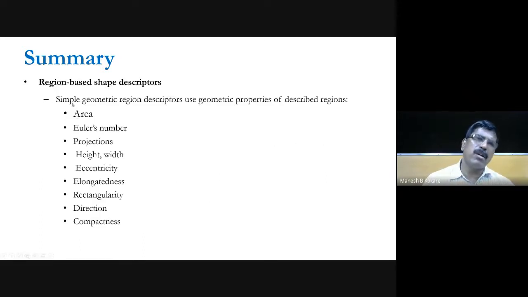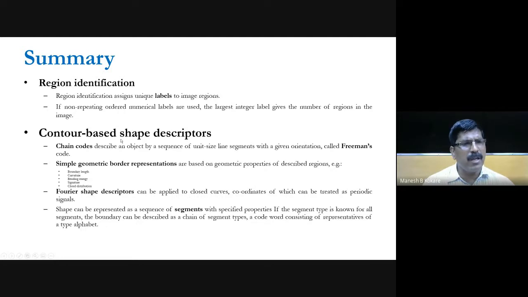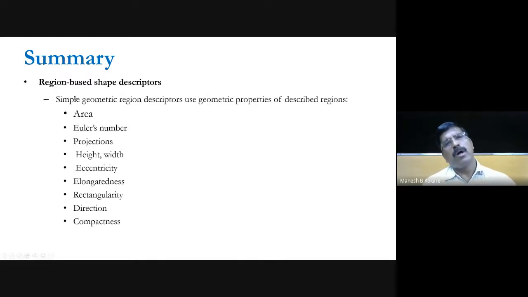And then third method, so all those features are basically numerical features, right? Shape numerical features. Here another method for obtaining the shape feature is based on the region-based shape methods. In that, simple geometric region descriptors use geometric properties of the described region like the area, Euler number, projections, height, width, eccentricity, elongatedness, rectangularity, direction, and compactness.